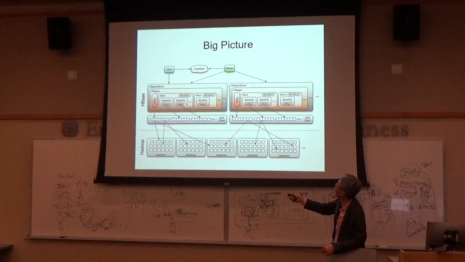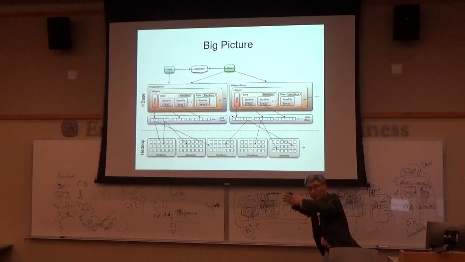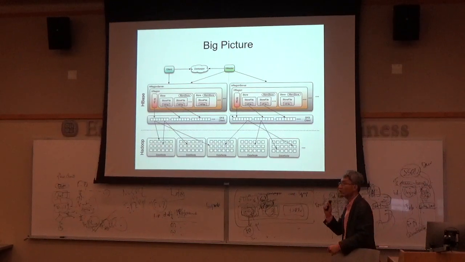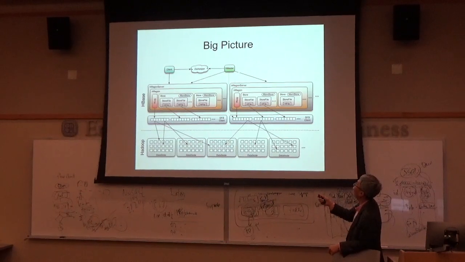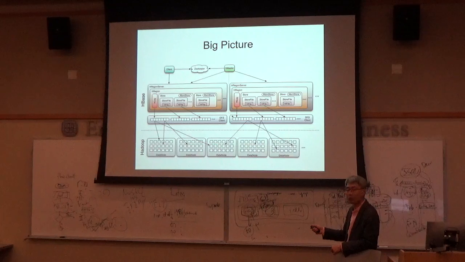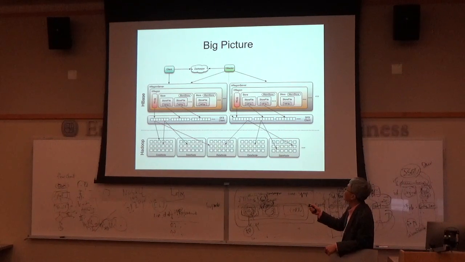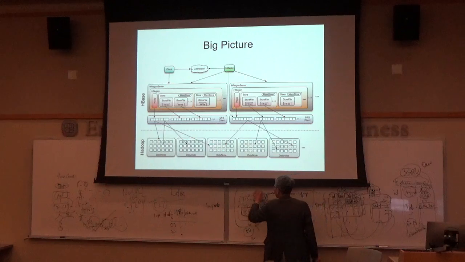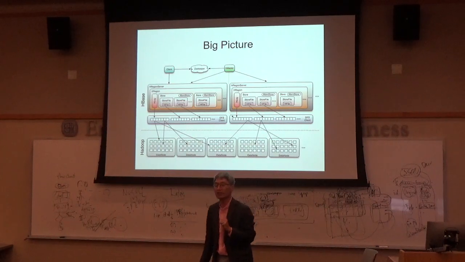Then this part is the HBase. In HBase, the first component is the master-slave architecture, because it's a distributed system. Then this master will be configured by the zookeeper. Zookeeper is one of the Hadoop ecosystem components.